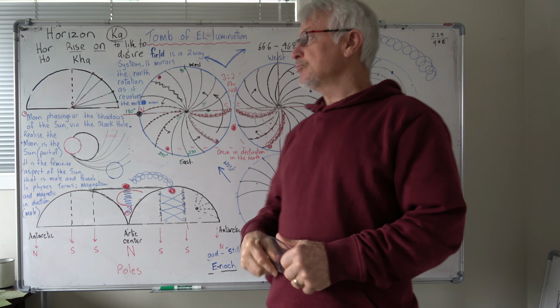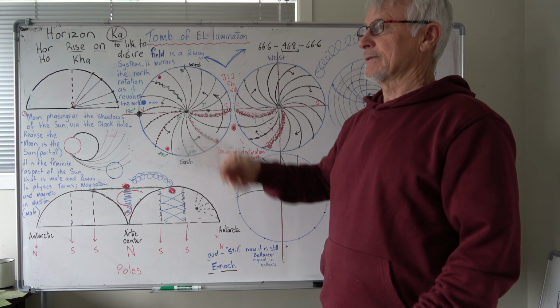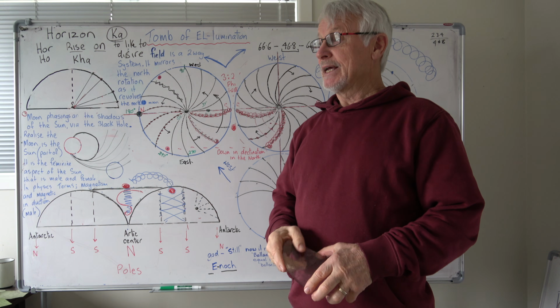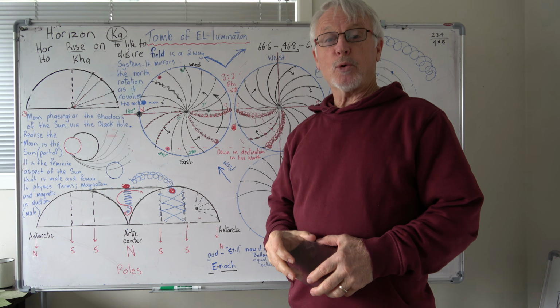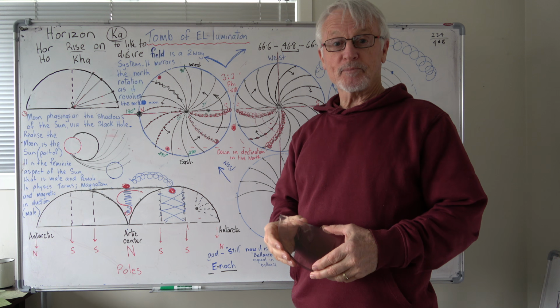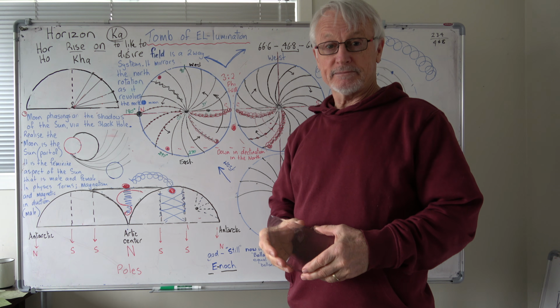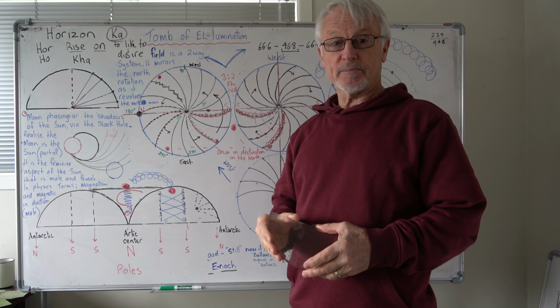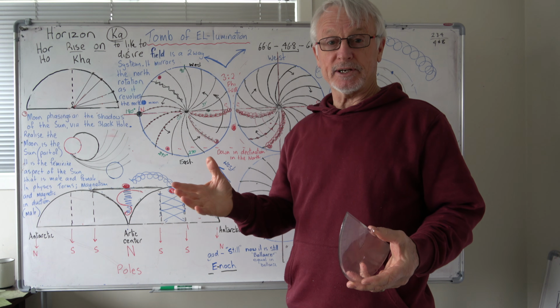Welcome to the Tomb of Illumination, where we talk about the physics of the flat earth system, our earthly realm, illuminated by the sun. Why the Freemasons worship the sun: because we wouldn't exist if the sun did not exist.